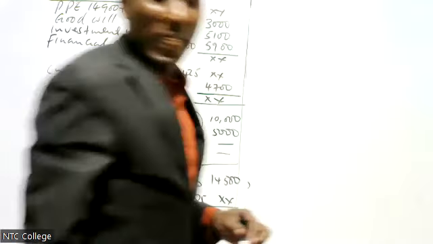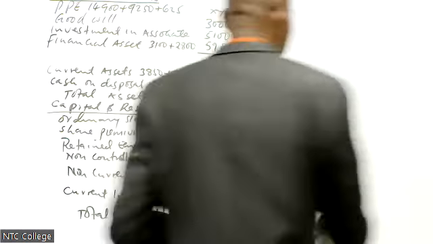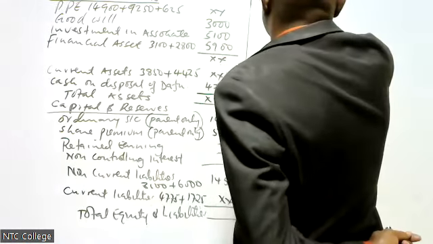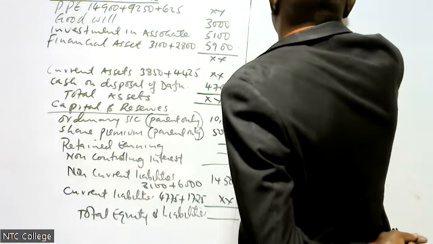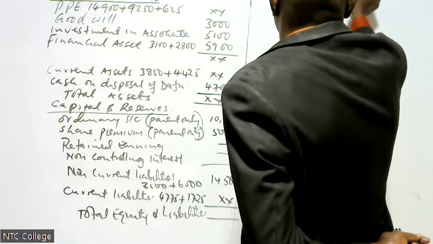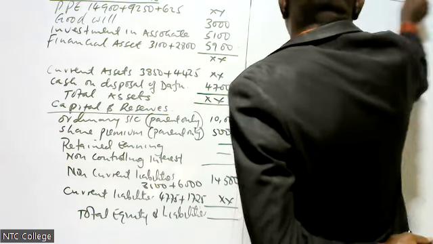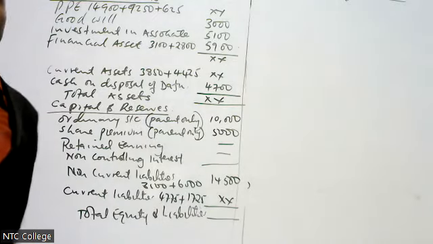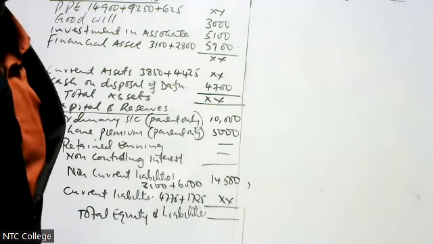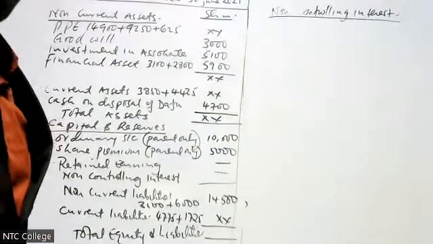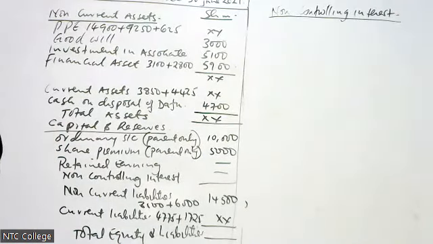Now, non-controlling interest in Pamba Limited. Remember, in DAF Limited, there's no NCI because we disposed of. We have associate of which we have already recognized there.